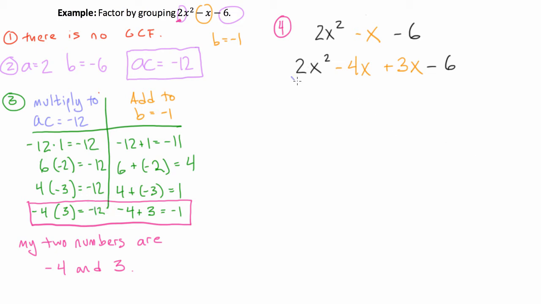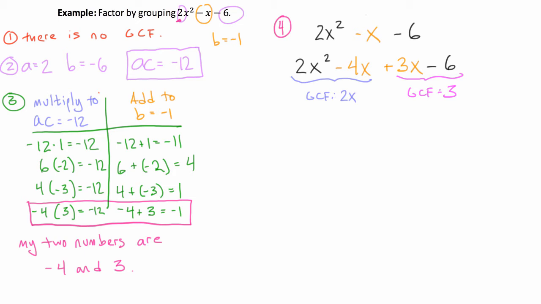So I'm going to look at these two terms. These two terms have a GCF of 2x. I'm going to look at these two terms, and these two terms have a GCF of 3. And so I'm going to do that grouping factorization.